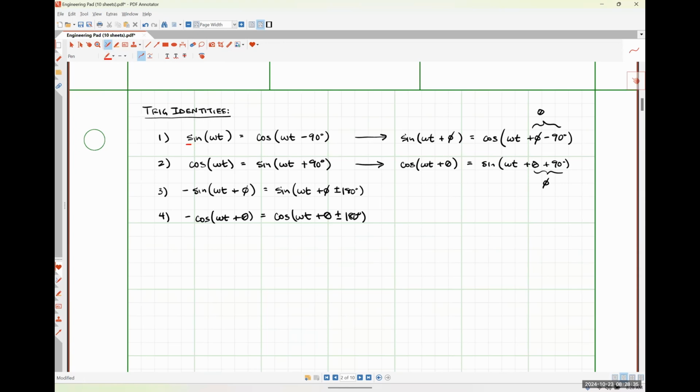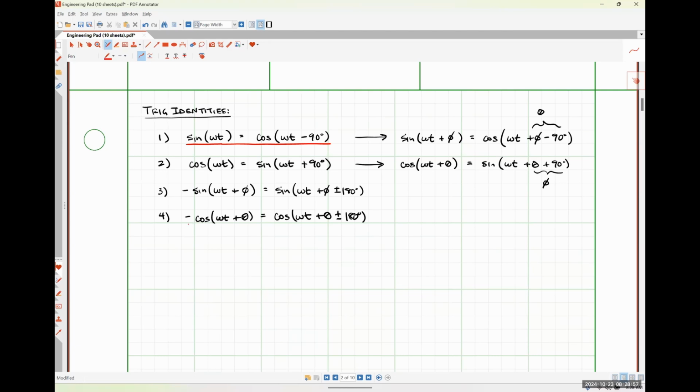All right, so the ones that I expect you to be able to apply in this class at the drop of a hat are this guy right here: converting a sine function to a cosine function, because electrical engineering uses the cosine function as its basis for all sinusoidal steady state circuit analysis, for reasons that I will discuss shortly.